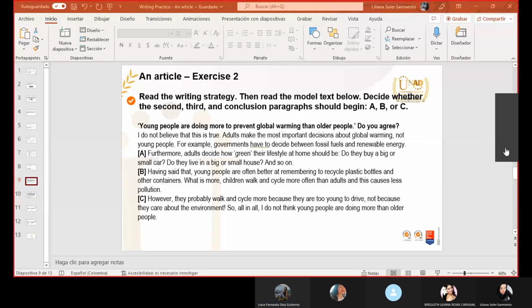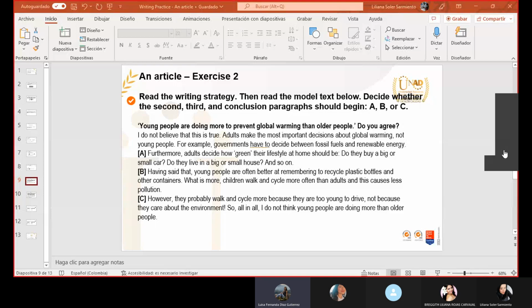Young people are doing more to prevent global warming than older people. Do you agree? I do not believe that this is true.